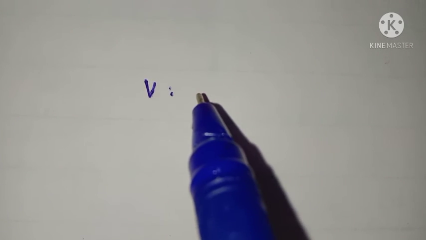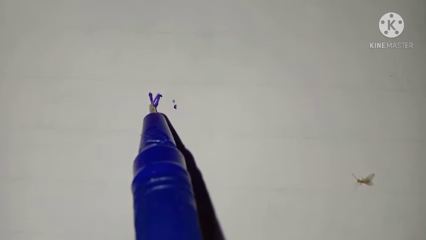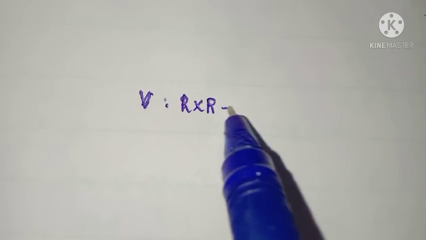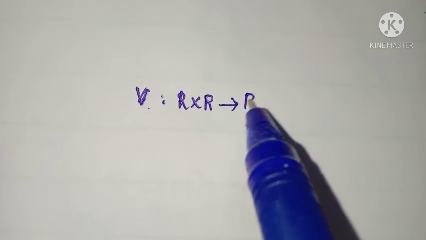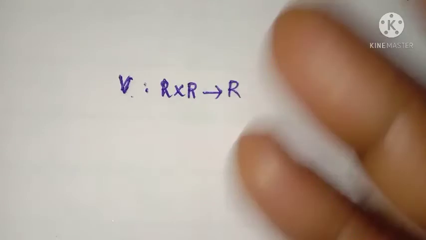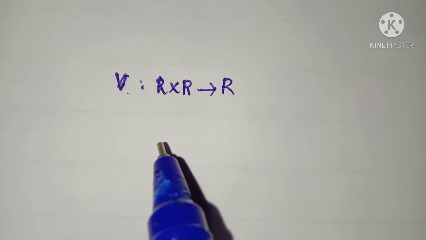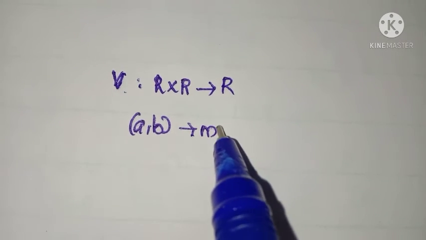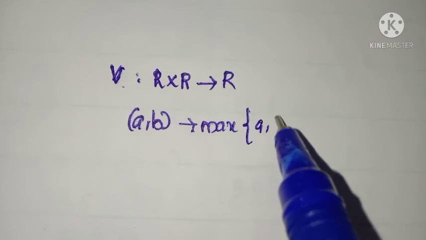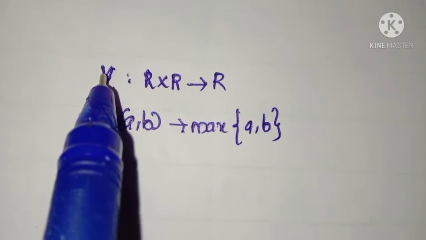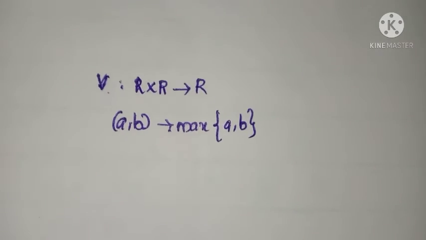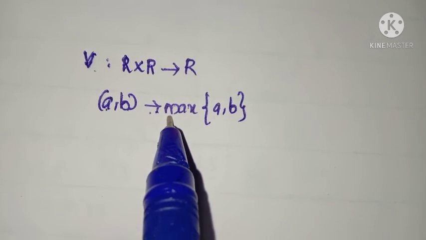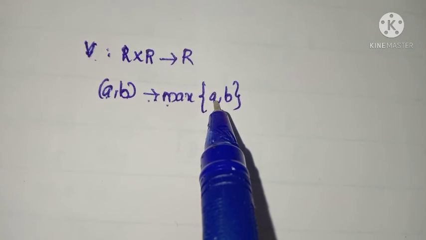Let's see this example. There is an operation join defined on the set of all real numbers. So join from R cross R to R defined as (a, b) maps to the maximum of the elements a, b. So the operation join is defined as ordered pair (a, b) maps to maximum of a, b.